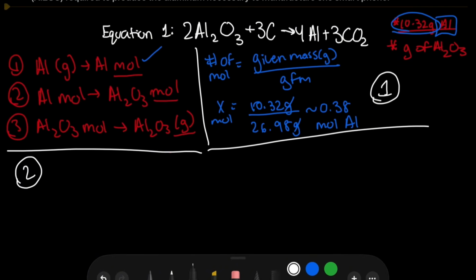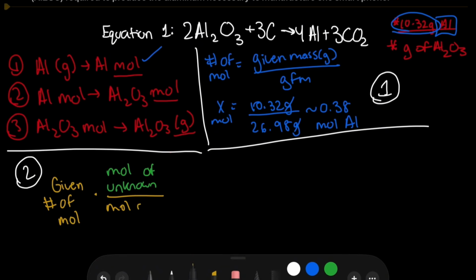So how we do that is we use another formula, which is the given number of moles times the mole of our unknown value over the mole of our known value or given value. So in this case, our given number of moles would be the amount of moles of aluminum that we identified in step 1.